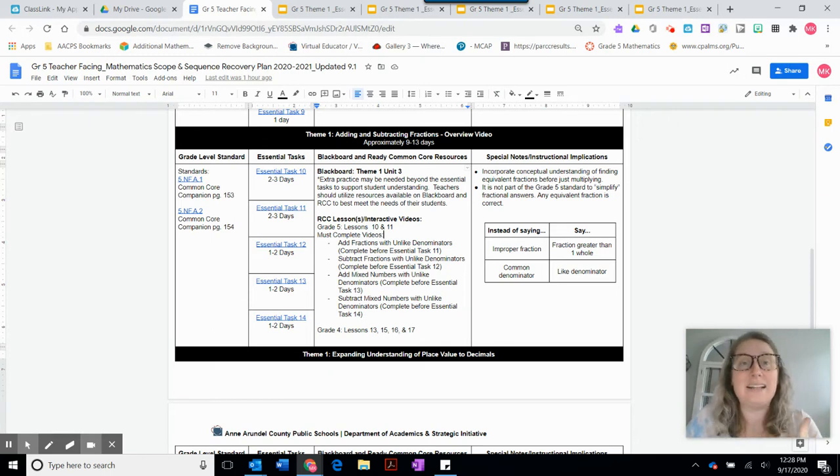And they make it interactive and make it in a way that it's very challenging to do via Google Slides. So the thought process is have students complete the Ready Common Core interactive tutorial before instruction with you, and that way students have already experienced some of these strategies before diving into these Google Slides.